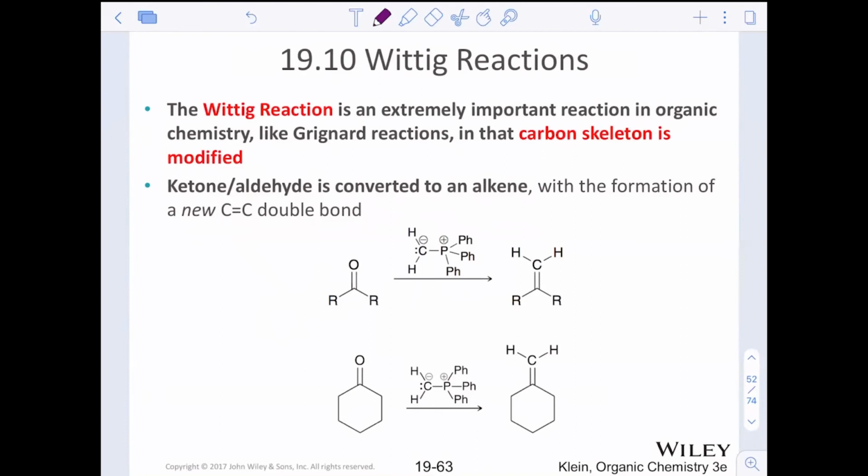So ketones and aldehydes in this reaction are converted to alkenes with the formation of a new, hold up, carbon-carbon double bond. That's crazy. This carbon-oxygen double bond is going to be reacted with the ylide functional group for the Wittig reaction, which we'll talk about, and it forms a new carbon-carbon double bond.